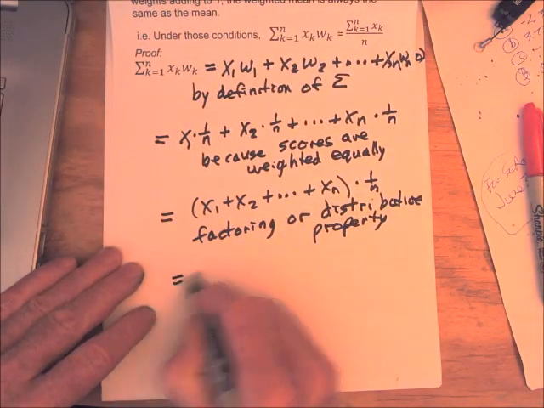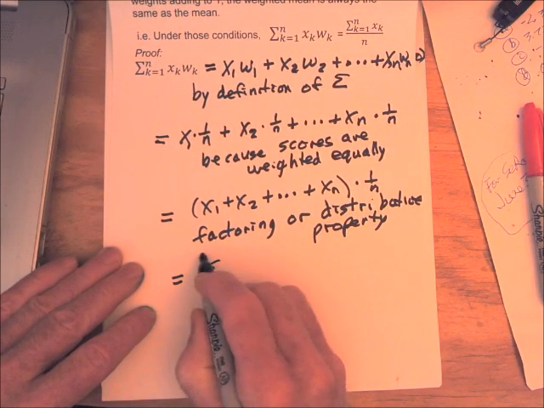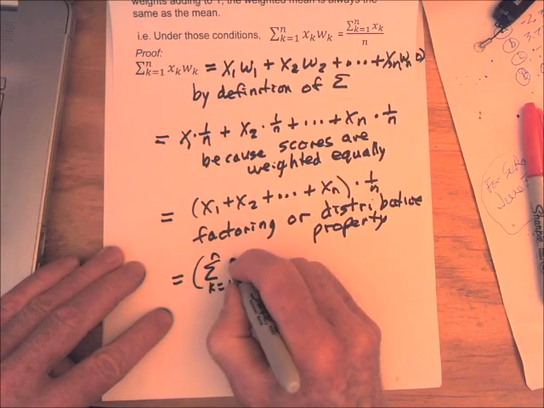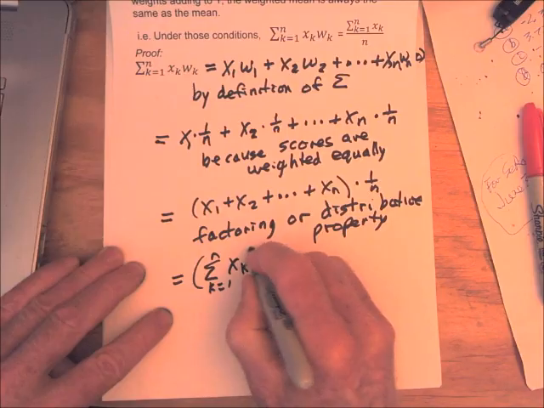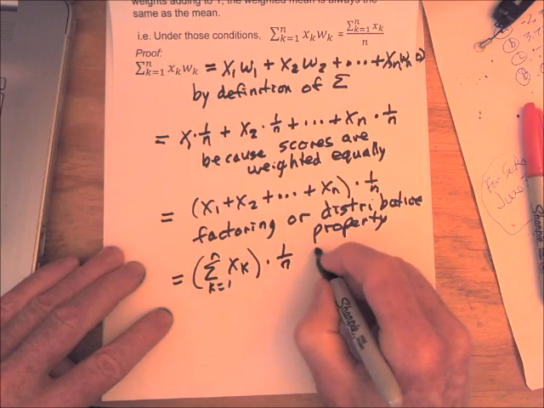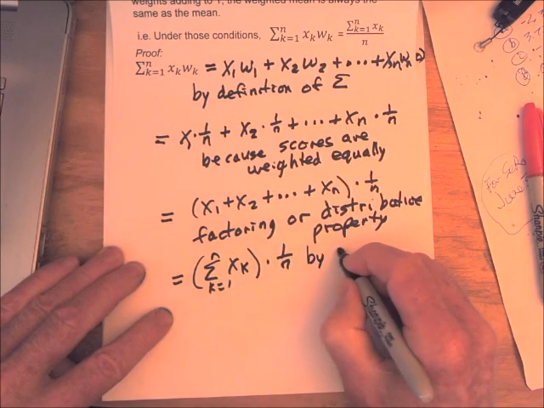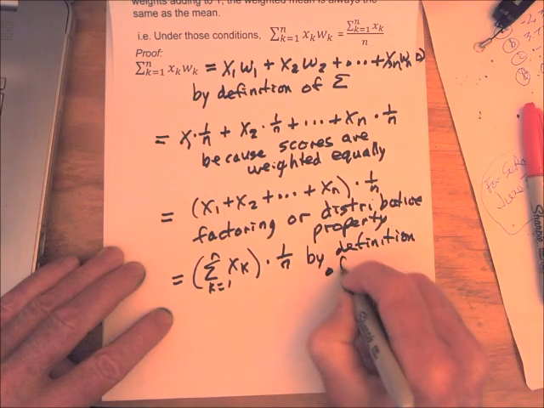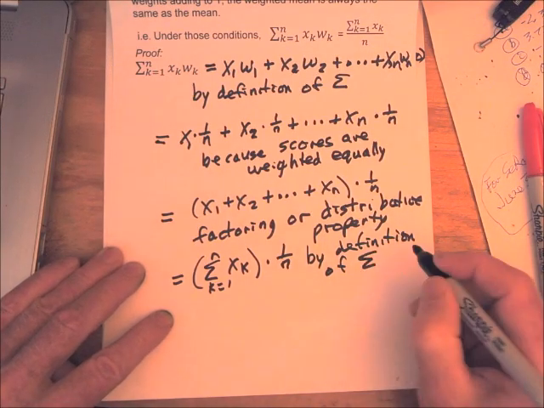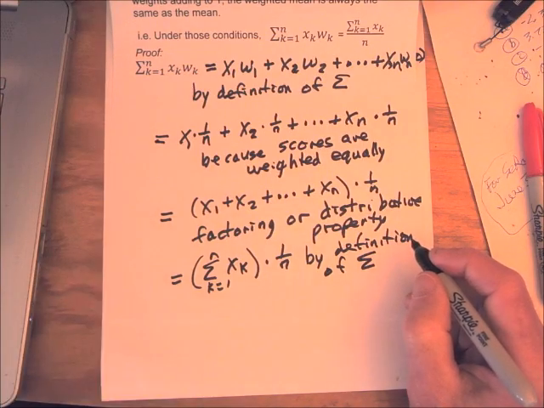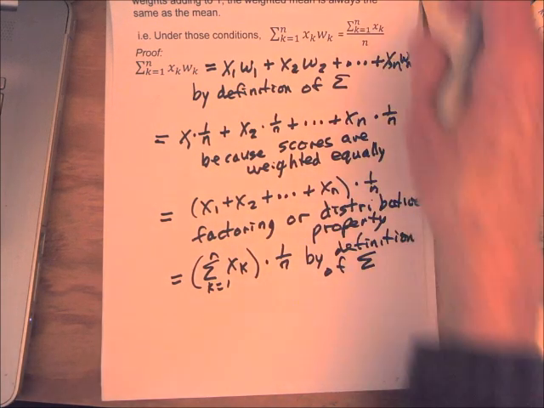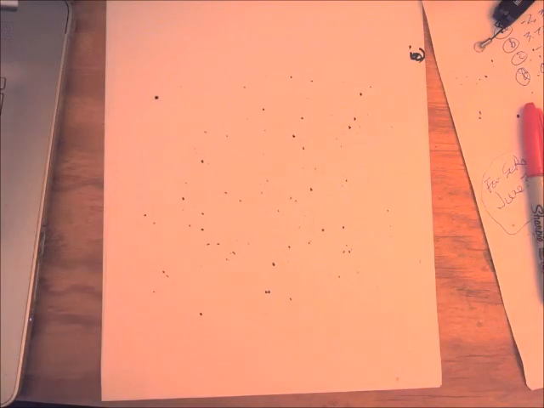So this is equal to the sum as k goes from 1 to n of each exam score times 1 over n. So that's by definition of sigma again. That's what it means to be a sum. Okay. And then we can use the rules for multiplying fractions.